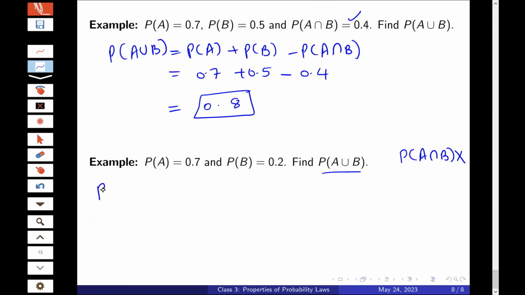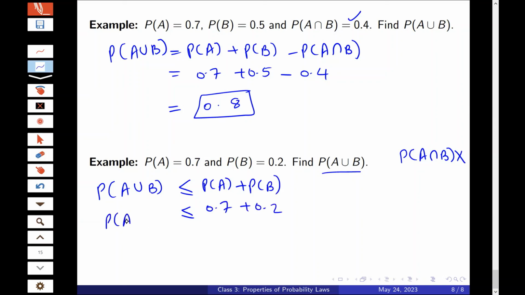From the last results, we know P(A union B) is going to be less than or equal to P(A) plus P(B). So that means P(A) 0.7, P(B) 0.2. So P(A union B) is going to be less than or equal to 0.9.